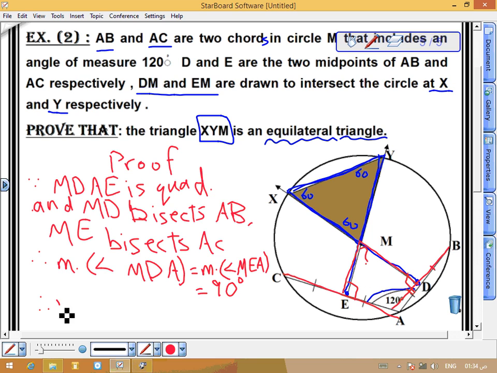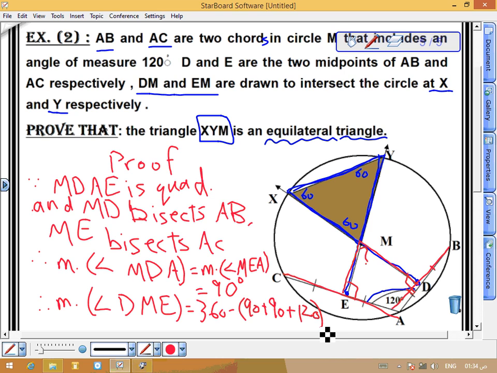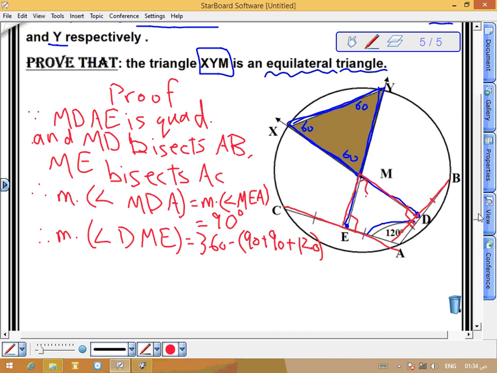Therefore, measure angle DME equals 360 minus 90 plus 90 plus 120 equals 60 degree. So we find that the measure here equals 60 degree.